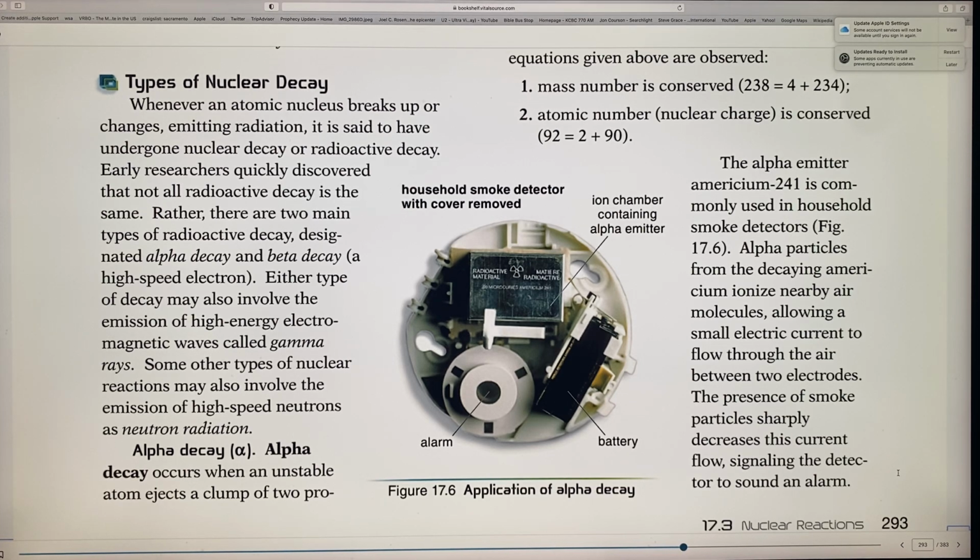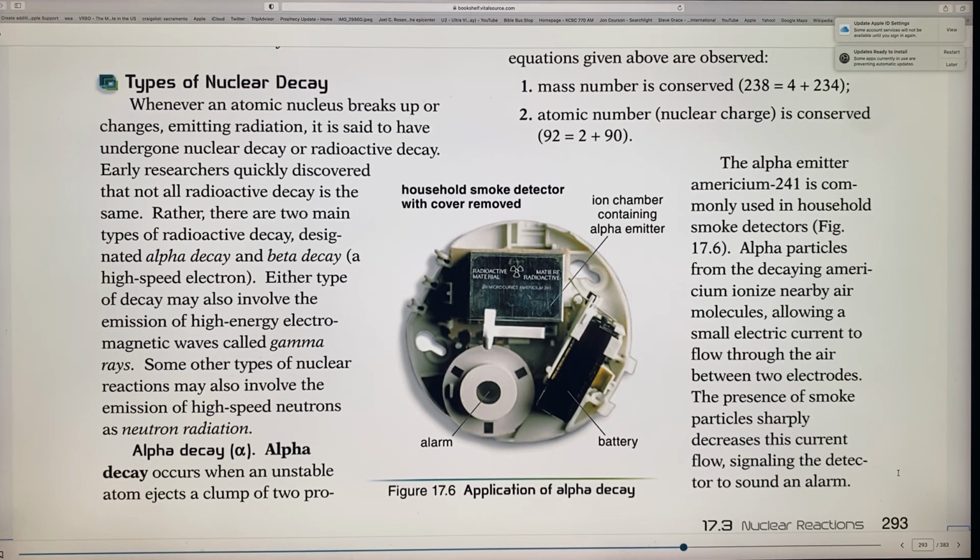Either type of decay may also involve the emission of high energy electromagnetic waves called gamma waves. Some other types of nuclear reaction may also involve the emission of high speed neutrons, which is called neutron radiation. So there are 4 different things we need to be aware of: 2 types of decay, alpha decay and beta decay, and with these decays you'll have electromagnetic gamma rays.